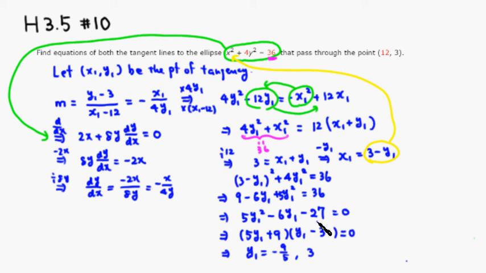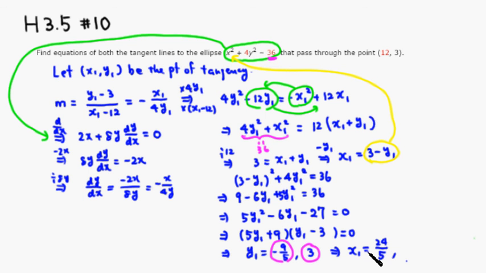Then let's compute the slope. So if y1 is negative 9 over 5, x1 would be 3 minus that, so it's 3 plus 9 over 5, which is 24 over 5.